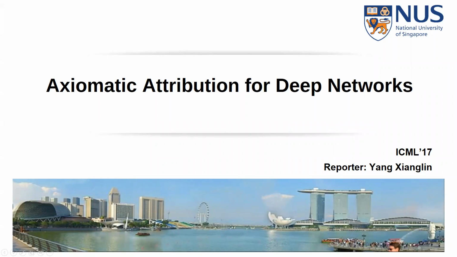Yeah. So the paper I'm going to present today is called Axiomatic Attribution for Deep Networks, and it is published in ICML. I like this title, axiomatic attribution. But there are always problems.